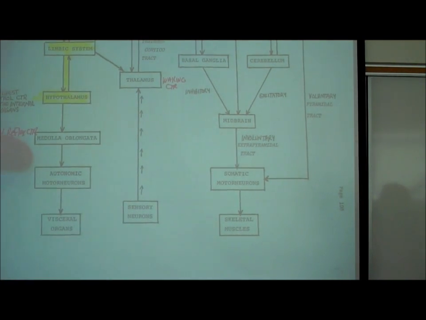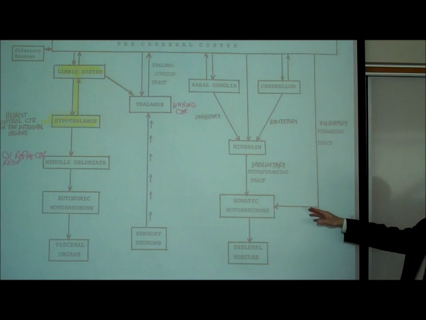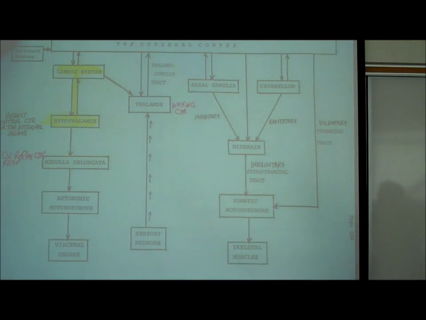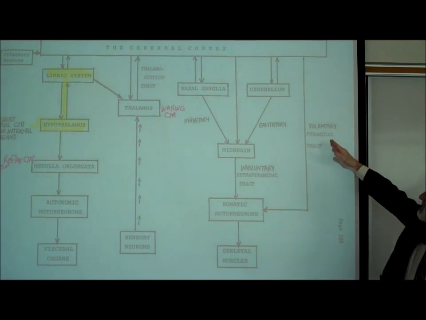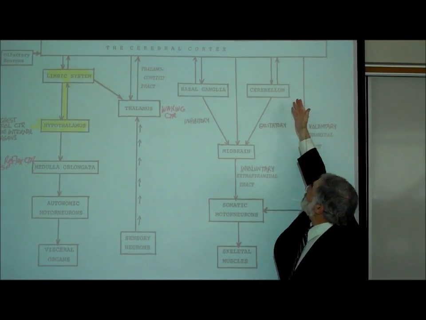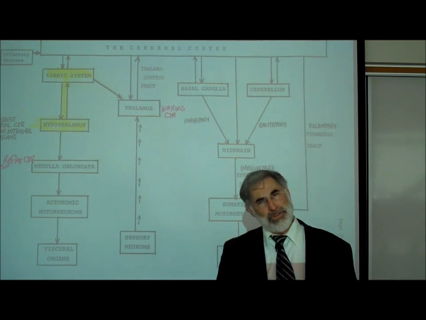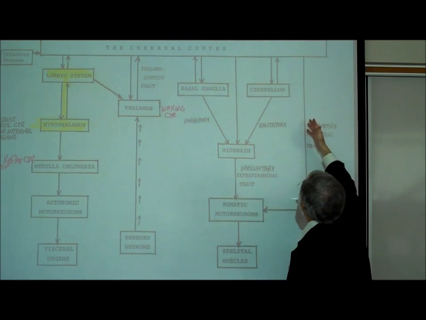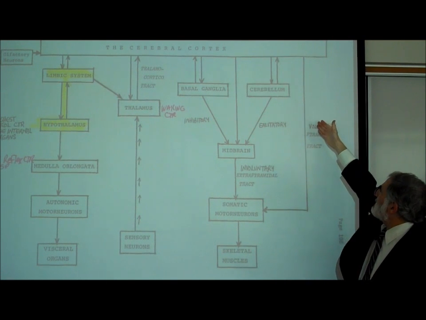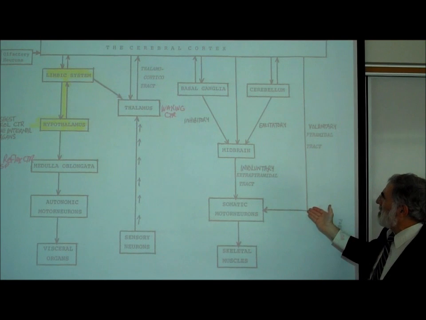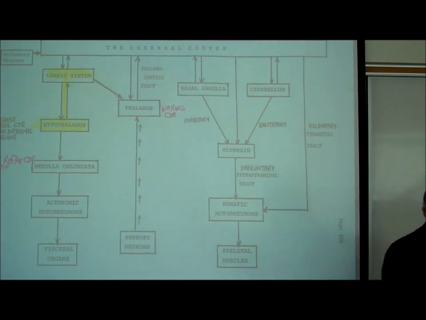And we know that somatic motor neurons can be controlled by both a voluntary and an involuntary pathway. The voluntary pathway originates in the primary motor area of the frontal lobe of the cerebral cortex. And this allows voluntary control via the pyramidal or corticospinal tract on our somatic motor neurons.